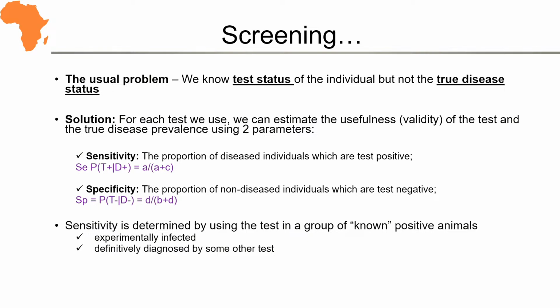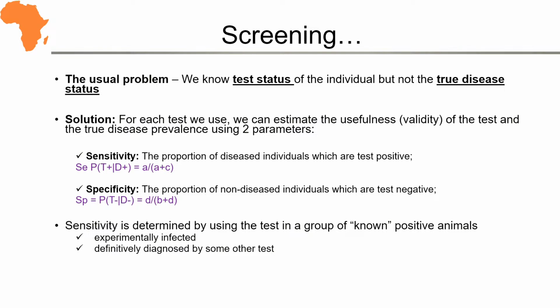That is the proportion of diseased individuals who are test positive. I tend to use probability because I think it's easier to explain. The words are the proportion of diseased individuals who are test positive. So in other words, you are testing positive given you actually have the disease.